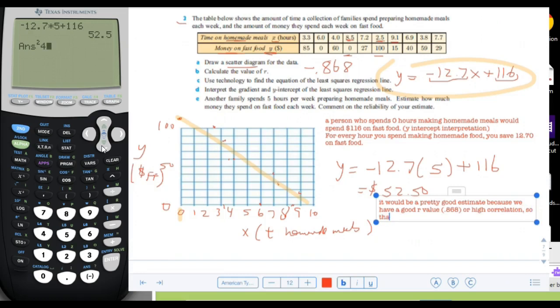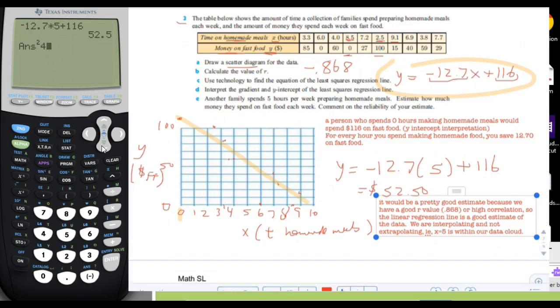So the linear regression line is a good estimate of the data. The other reason why we could say it would be a reliable estimate is because we are interpolating and not extrapolating, i.e., x equals 5 is within our data cloud.